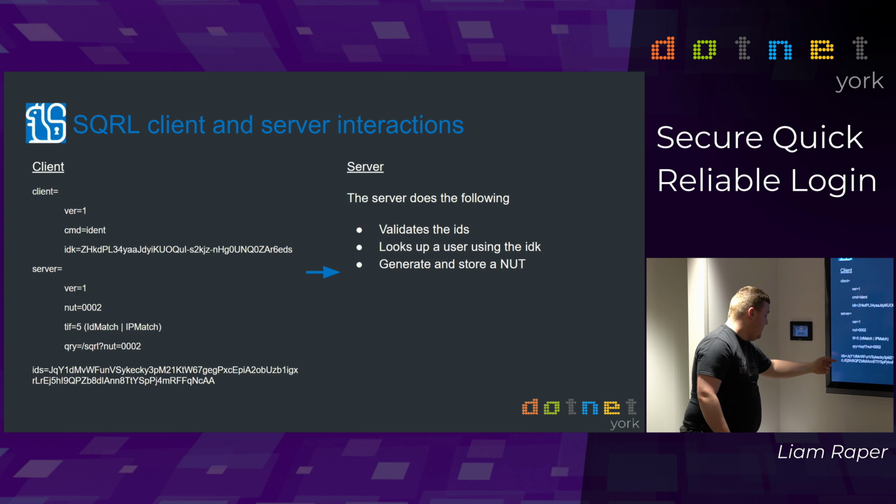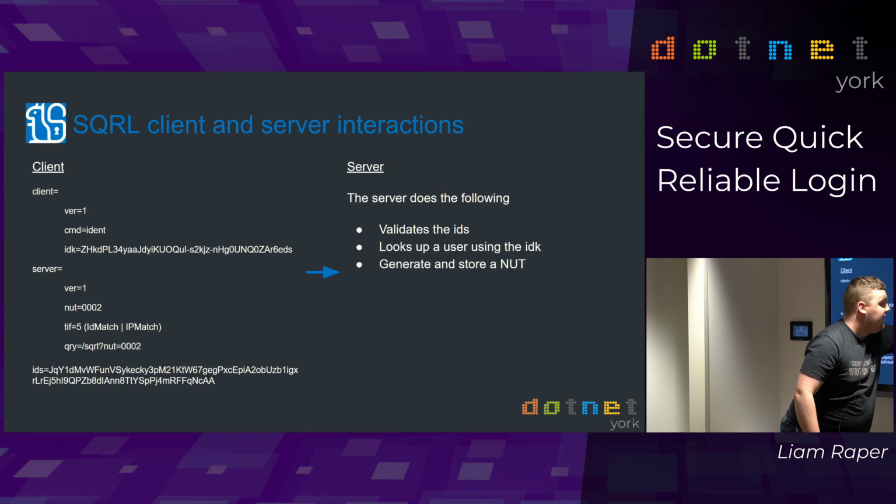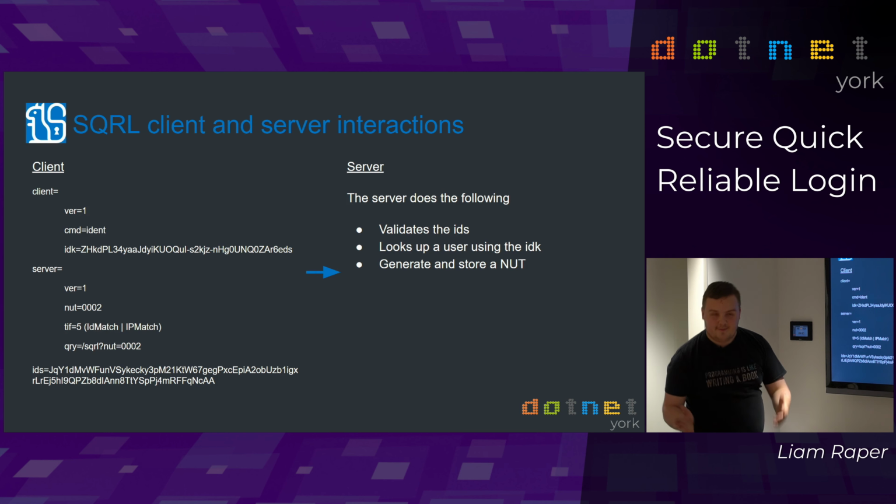So we won't focus on that. And then the IDS is, again, all of this concatenated and then base64 and then signed. So again, in the server, we validate the IDS. We look up the user and generate a new nut. Server has a really easy job with Squirrel.